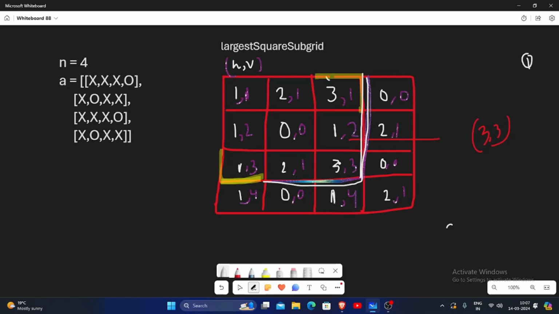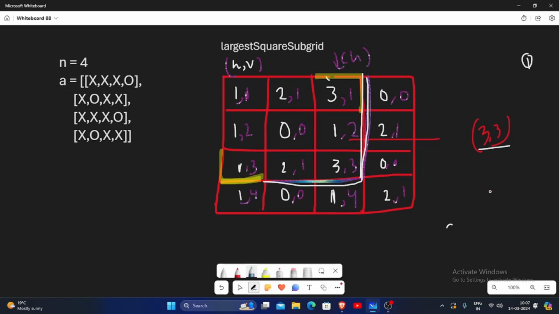Why? Because horizontally we have 3, and vertically we also have 3. So if I am at this point, can I know the maximum horizontal I am getting from here? We are very sure about this.